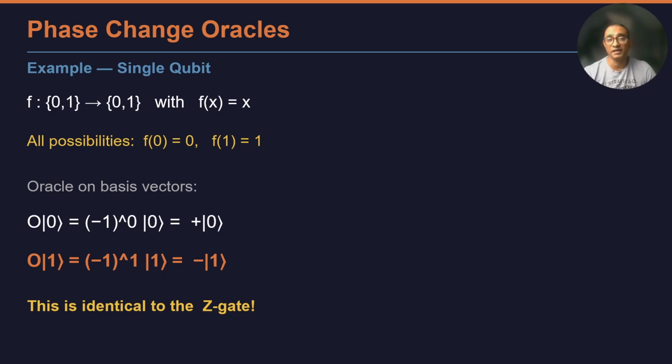Similarly in the case of 1 that you put in the oracle, because of the phase change of minus 1, we get an input phase change of minus 1. If you recall properly, this functional output looks like what you have seen in the Z gate.